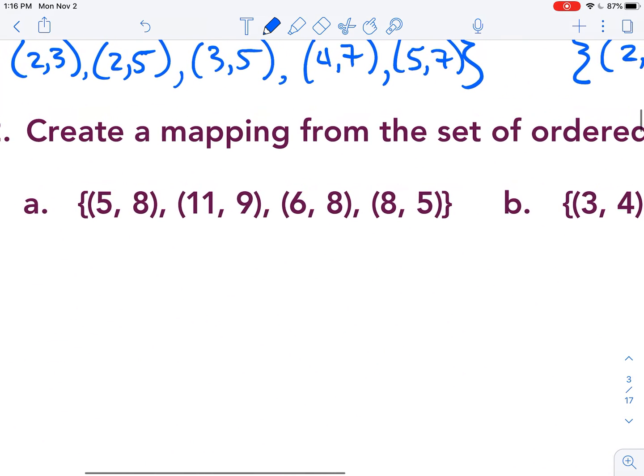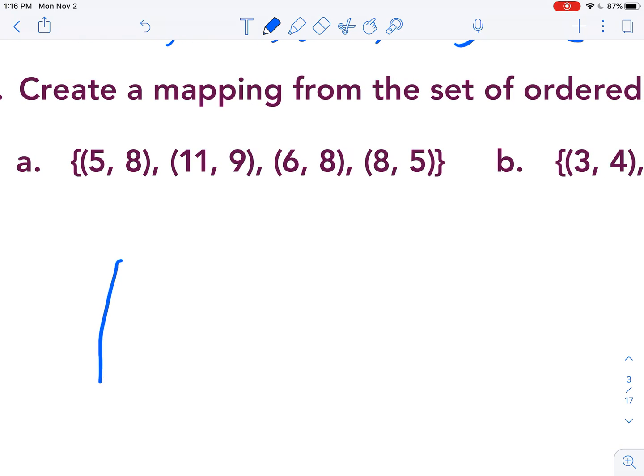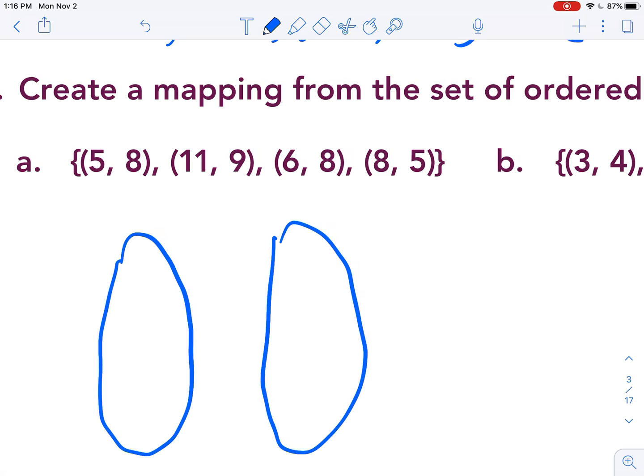Okay, right here. Now we're taking the ordered pairs and now we're making a map. So again, the x values go here, the y values go here. So 5, 6, 8, 11. Oh, I forgot the 8.